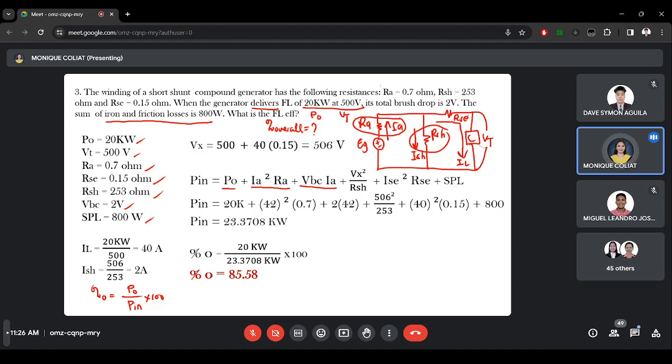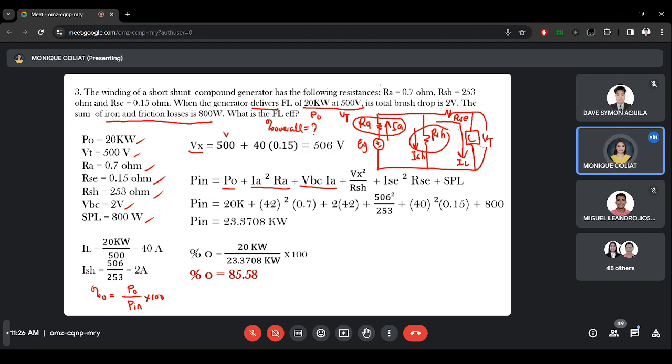So what to do next? We have PO, RA, VBC, RSH, RSE and SPL. We don't have IA, VX, or IL. So we have to get the currents first: IA, ISH, and IL. Which is the easiest to get?